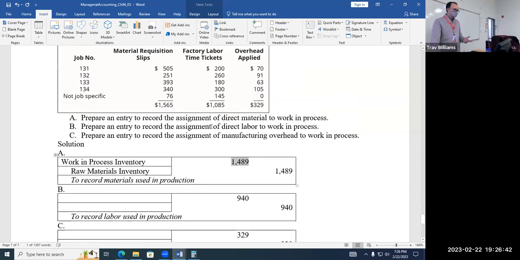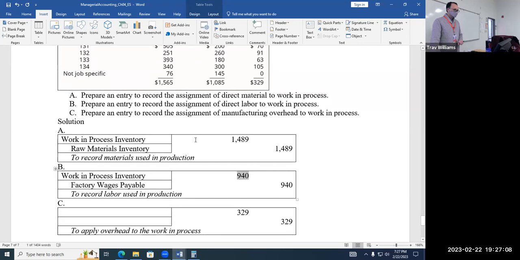Okay, part B, we assign direct labor to work in process. So again, they debit to work in process inventory. And they're probably calling it factory wages payable. This 940 represents the direct labor costs without the indirect labor. And then overhead is only applied at the end of the job.